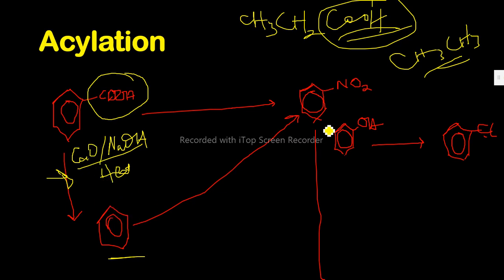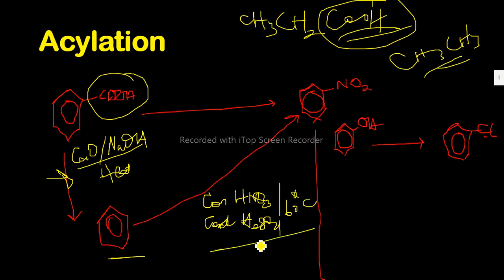So we shall form our benzene, and then to add a nitro group we shall need concentrated nitric acid and concentrated sulfuric acid, and the whole of it is heated at 60 degrees Celsius.